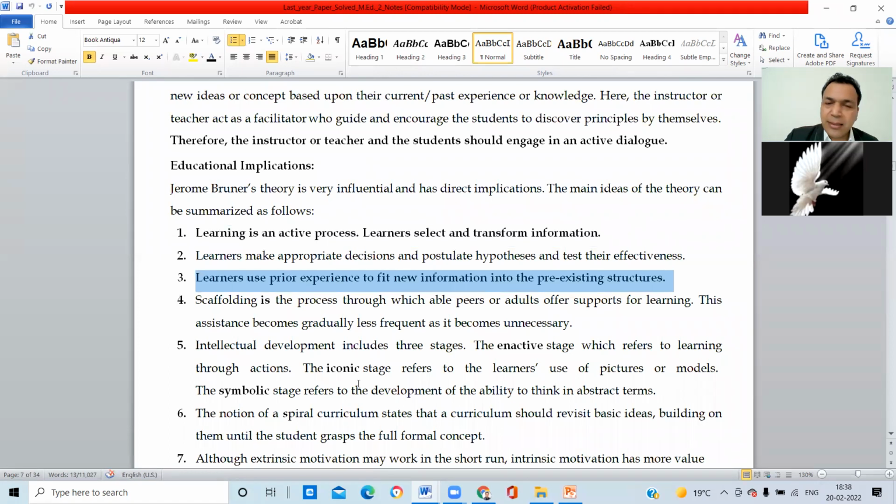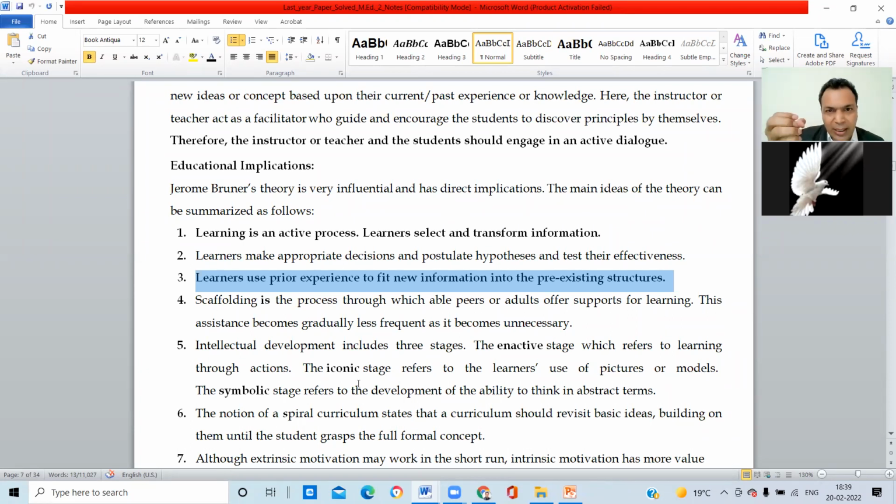What is a schema? Schema means when a baby sees a dog, for example, he has in his mind that a dog has 4 legs and is furry. So after that, when he encounters a big dog, immediately he comes to know that this is a dog, because he has an image in his mind. Means new information, whatever he is getting, he matches with the pre-existing schema, pre-existing knowledge.